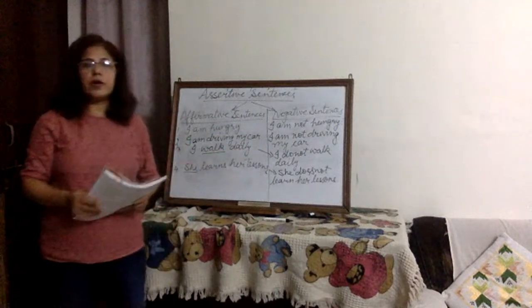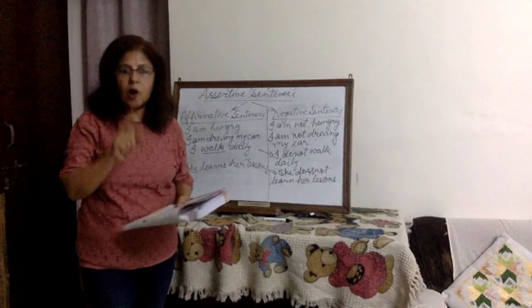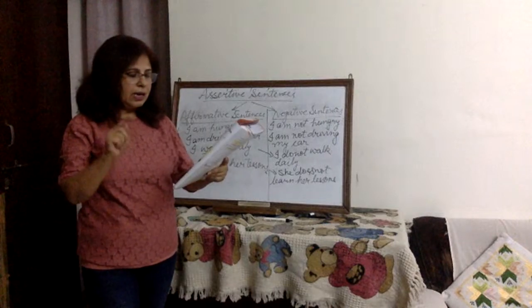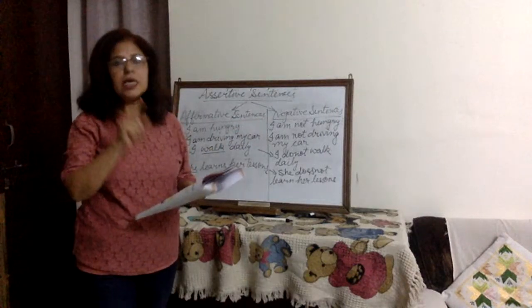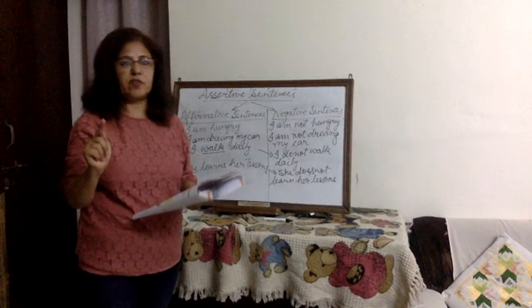What I want to tell you is that if the subject is singular, then we will use does not and the first form of verb. Like, she does not learn her lesson. She, he, it are singular. With them, we will use does not and the first form of verb.